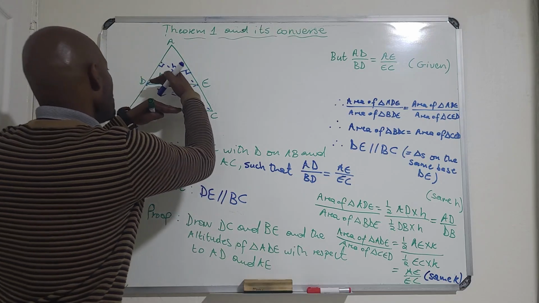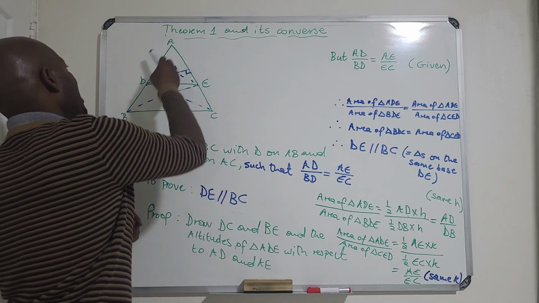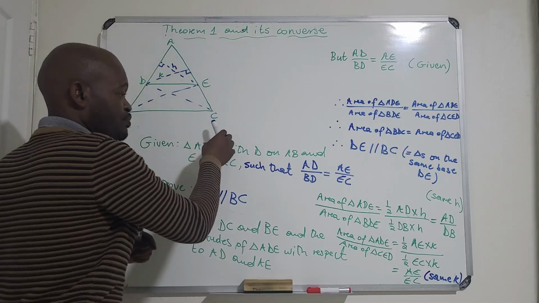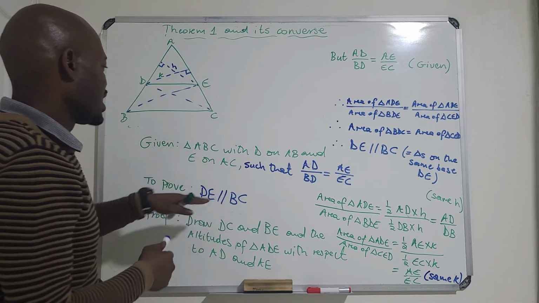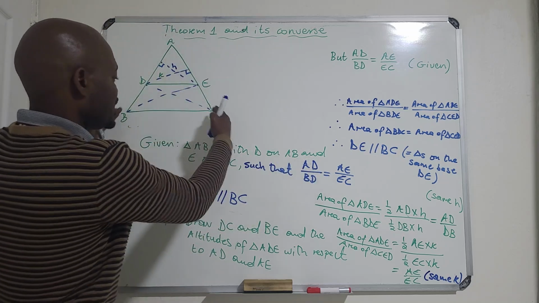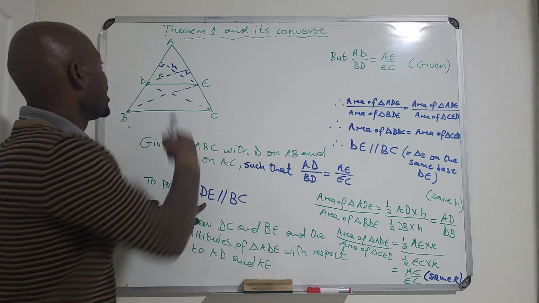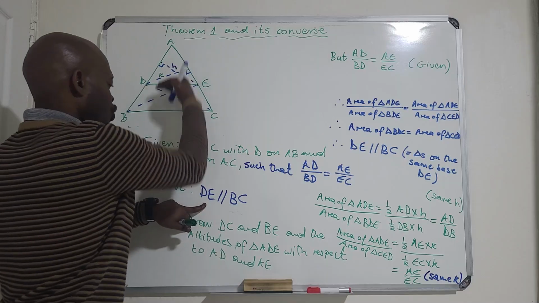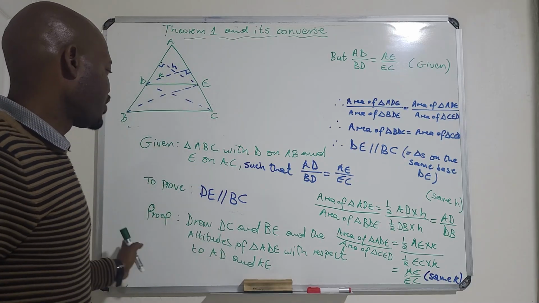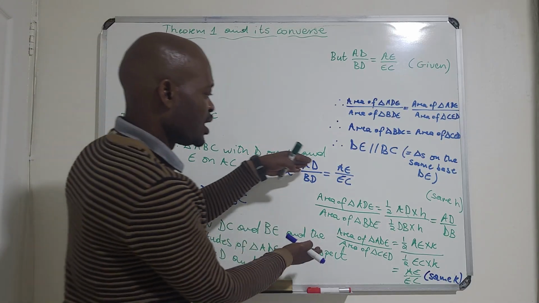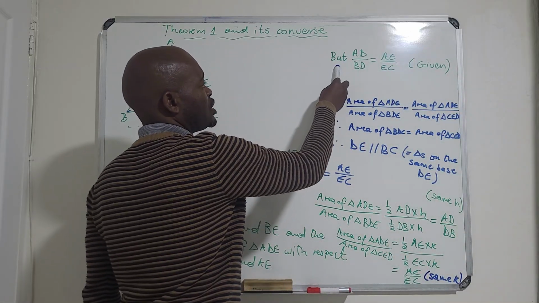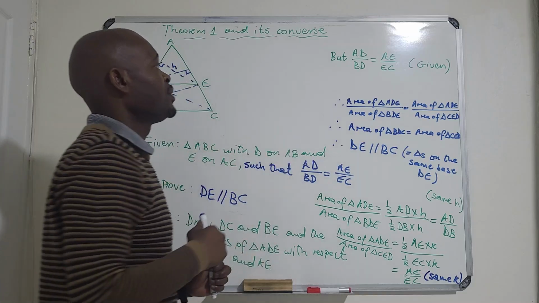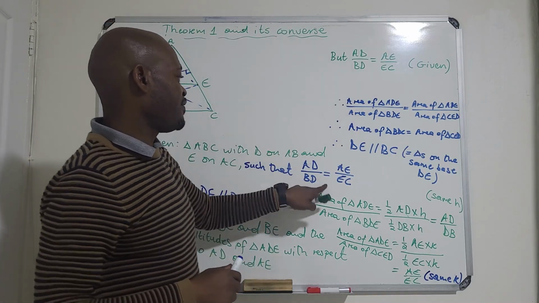If we are given two lines which are parallel, we can prove that sides are in the same proportion. That's theorem number 1. Its converse: if we have sides in the same proportion, then we can prove that the two lines are parallel. Therefore, we still do the same thing up until there. But our but now is different from the theorem, where this is what we are given.